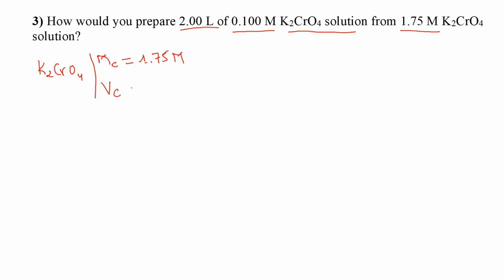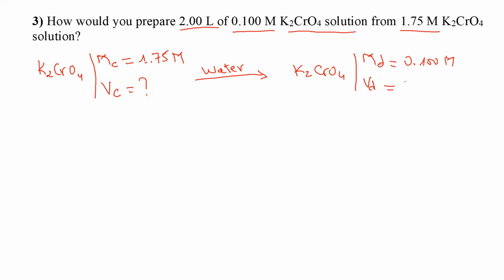But the volume, we don't know it. From this solution, we dilute it. So we add water to get another potassium chromate solution that is diluted, so MD equal to 0.100 molar, and a total volume V diluted, which is equal to 2.00 liter.